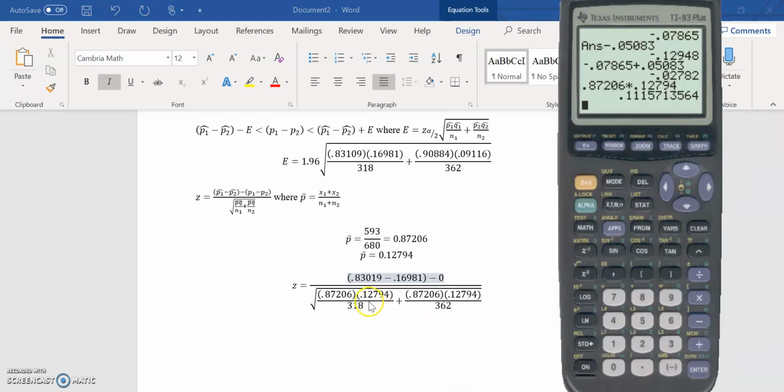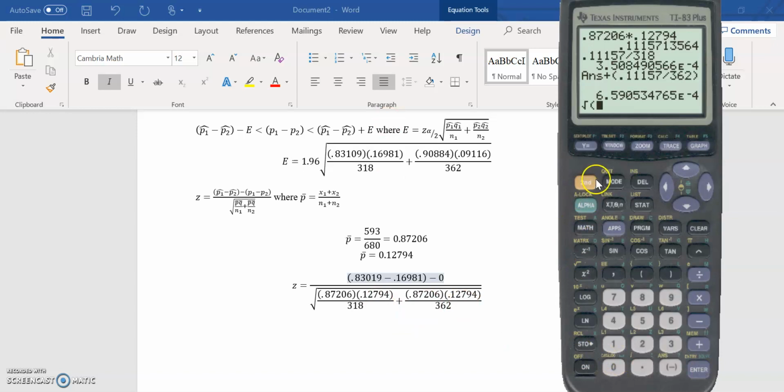Now when I do this, I'm going to start in the bottom, in the parenthesis. I always start with whatever's the biggest. So I'm going to do 0.11157 divided by 318 plus 0.11157 divided by 362. Okay, so that's that part.